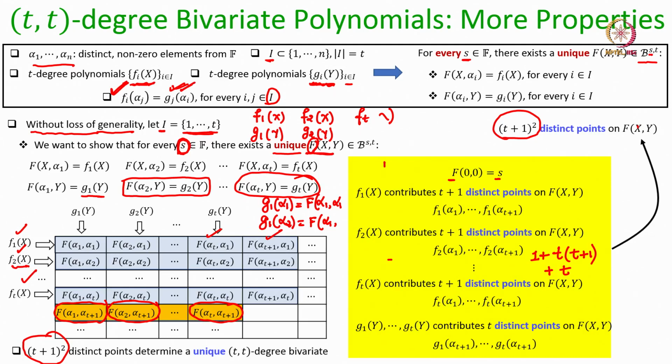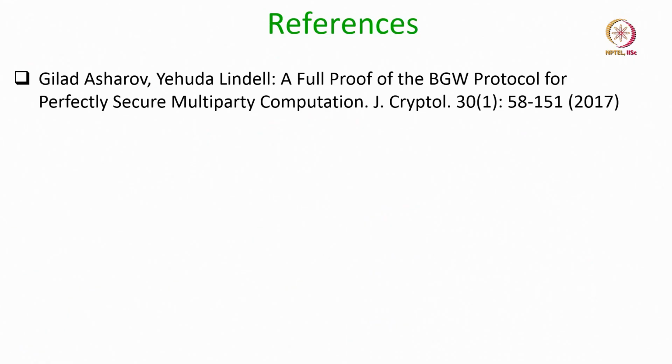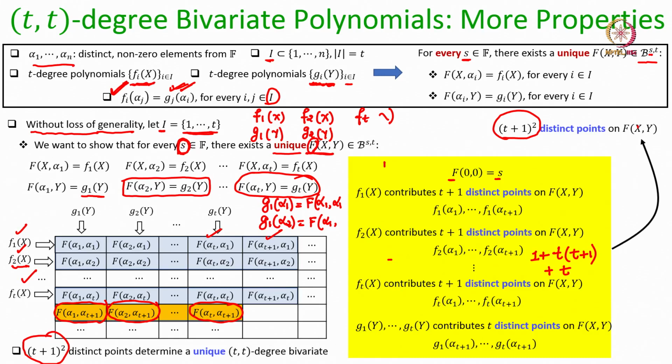It does not imply multiple bivariate polynomials. So, that is one of the properties which we will use later to prove some more interesting properties. And as I said earlier, this is nothing but a generalization of the property which we had proved earlier in the context of univariate polynomials.